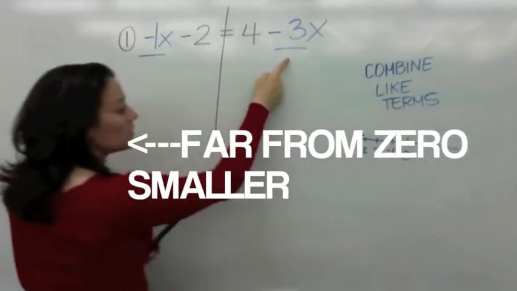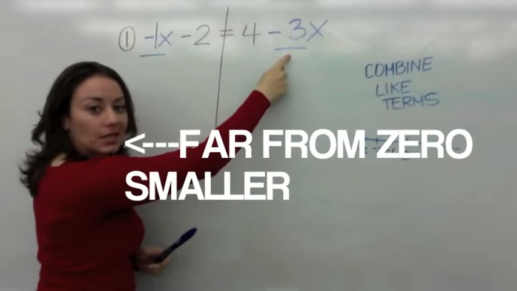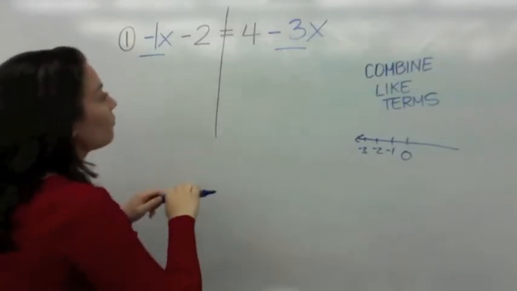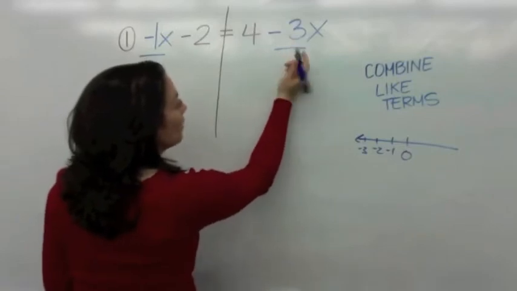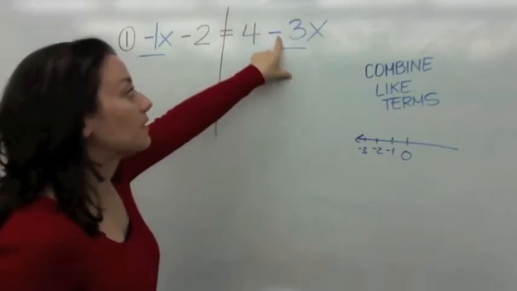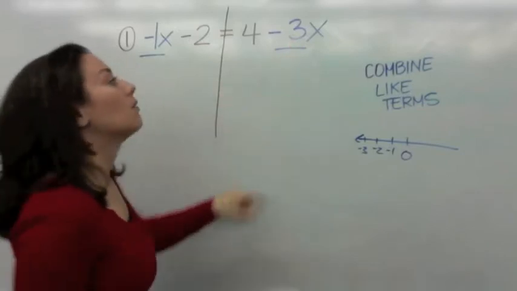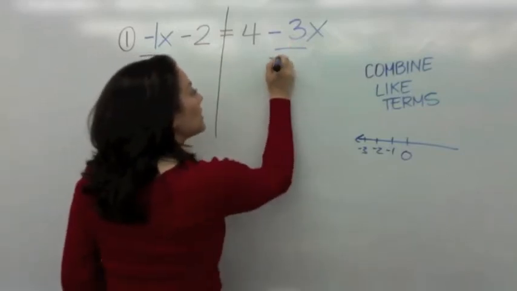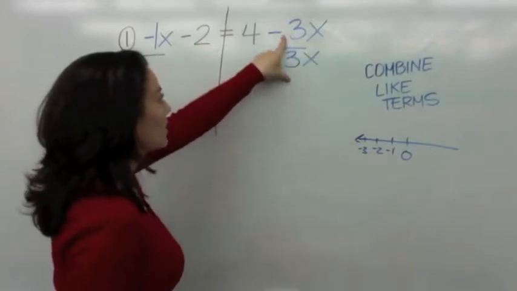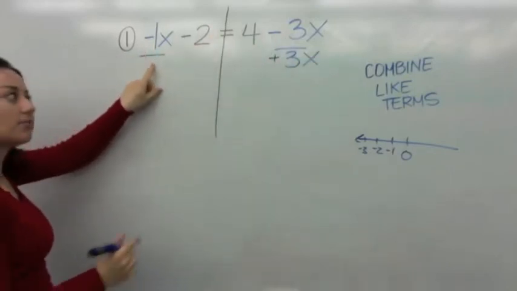So which number is the smallest? Negative 3, right? So if you take the small number and you do the opposite of that term. So what's the opposite of negative 3x? Positive 3x. Let's add 3x to negative 3x, and let's also add it to negative 1x.